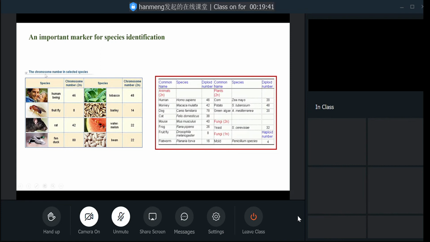For example, the human has 46 chromosomes, the fruit fly has 8, the rat has 42, the duck has 80, the tobacco has 48, the barley has 14, the watermelon is 22, and the bean is also 22.